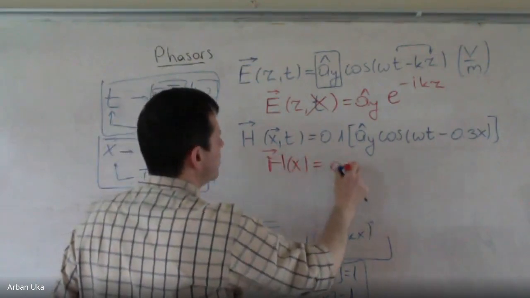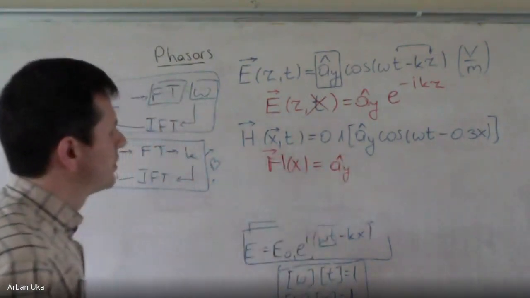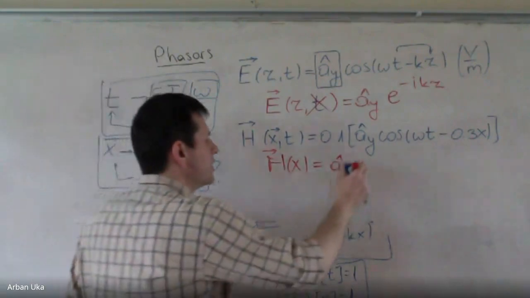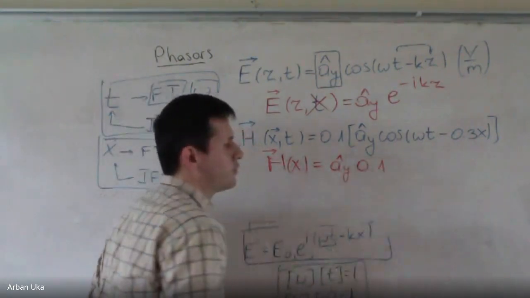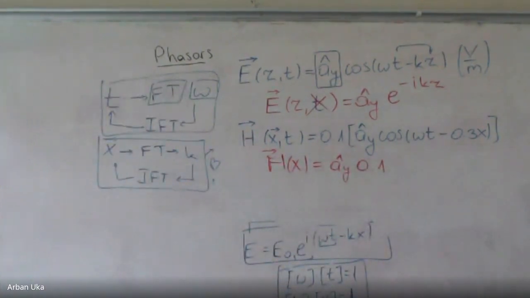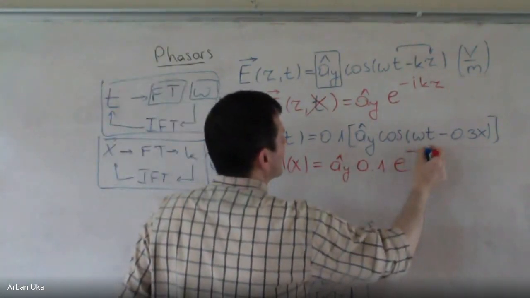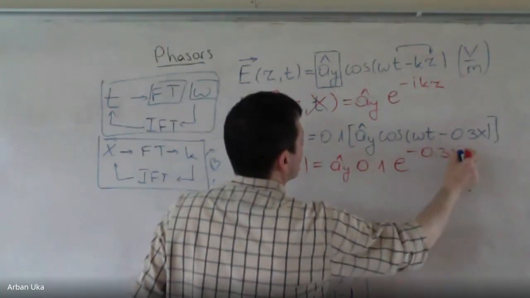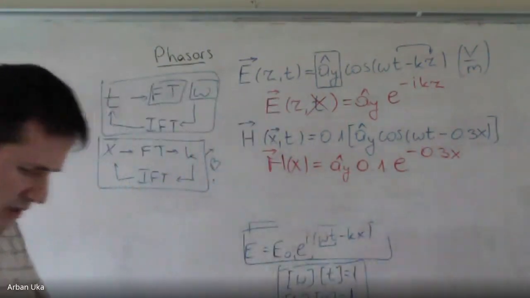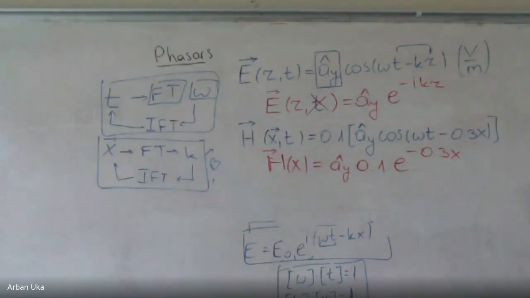This is equal to ay, so this is pointing along ay, times the magnitude, which is 0.1 ampere per meter, because that's the unit of the magnetic field intensity. And then we multiply this one with the exponential term, so this would be the representation.